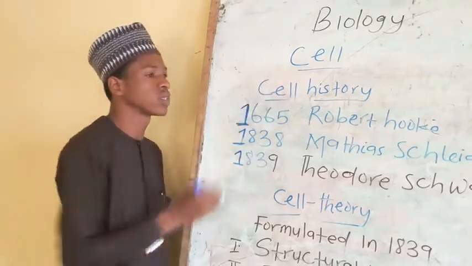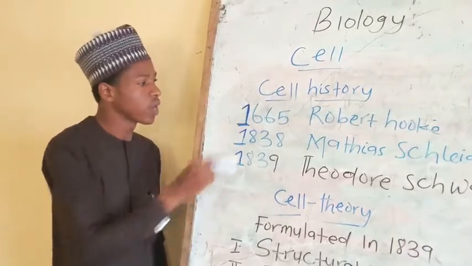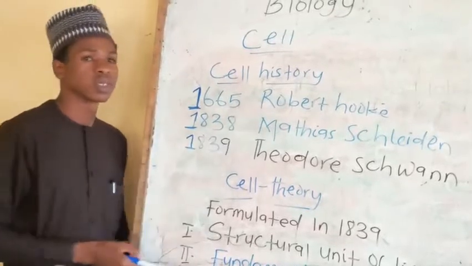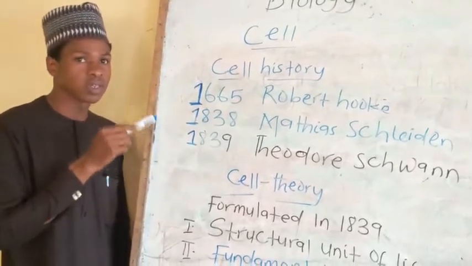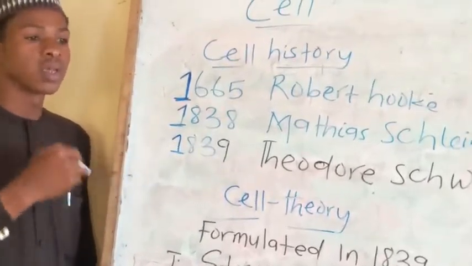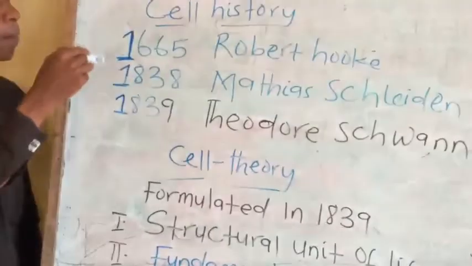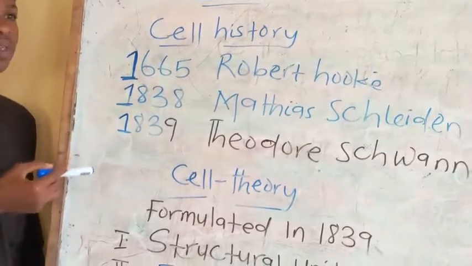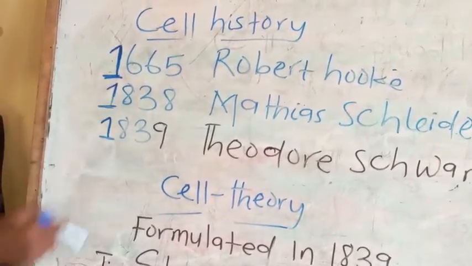So, cell history. In 1665, an English scientist called Robert Hooke first discovered and described the cell. His finding was further followed by a French scientist, Felix, who discovered protoplasm.